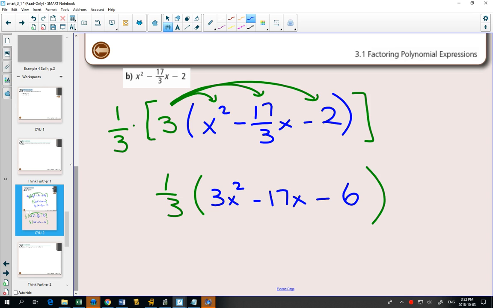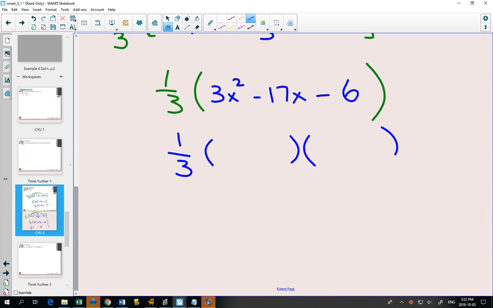And now we've got a trinomial inside that we can factor like before. How do I get 3x squared? What would my first ones have to be? 3x and x. And now for my last ones, I need something that multiplies to give me 6, so my outside and my inside make 17.